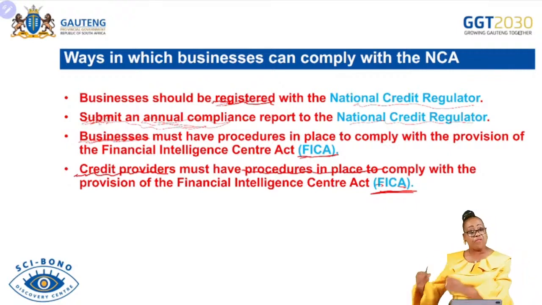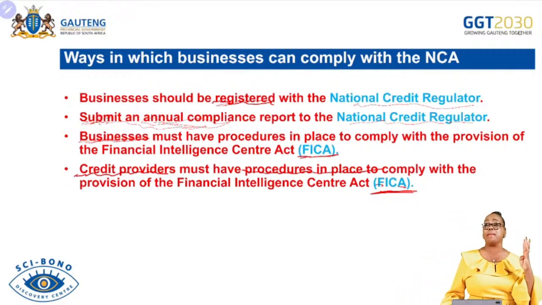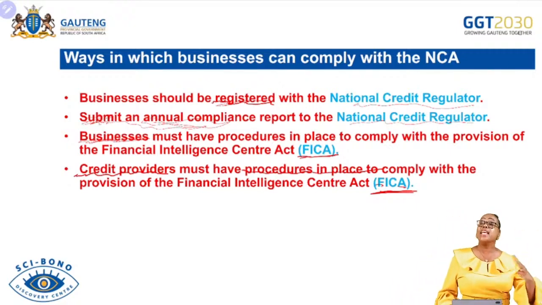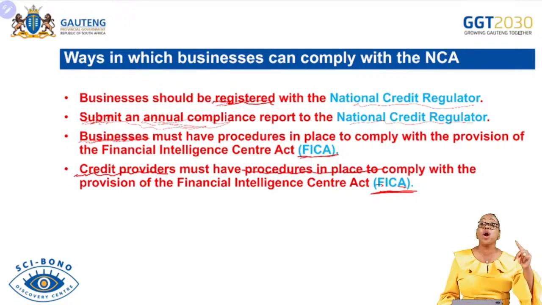Again, credit providers also must have their own systems as well, according to FICA, by the credit providers. So already you've got 4 points you can remember, which is 8 marks if it could be discussed ways to comply or recommend ways to comply. So by merely remembering NCR comes with 2 points and FICA 2 points, then you are sorted.